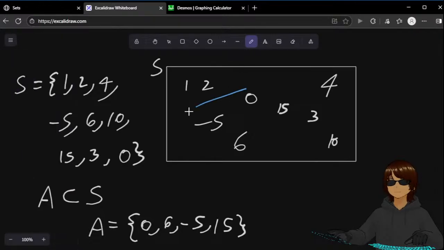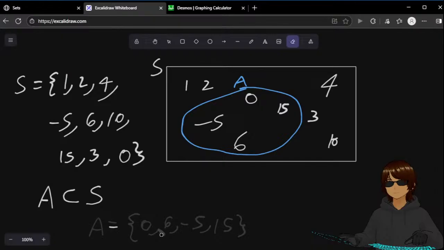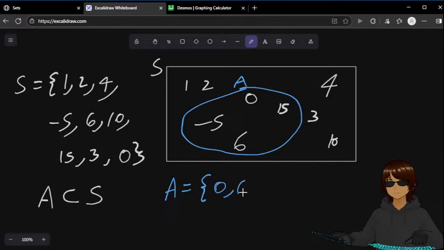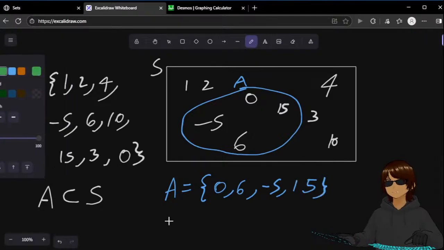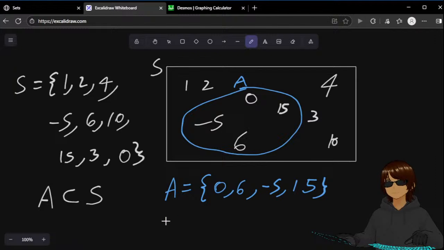Let's do blue. Now let's do green: 0, 15, 3, 10.